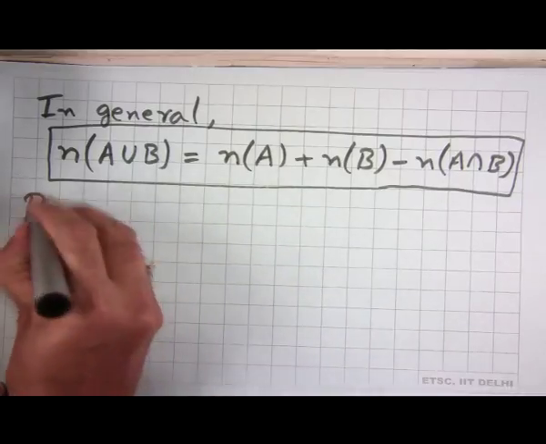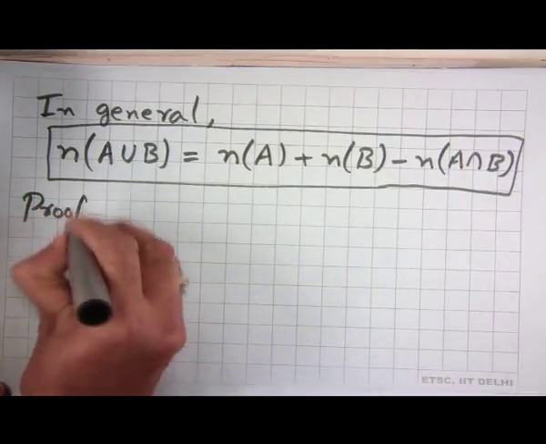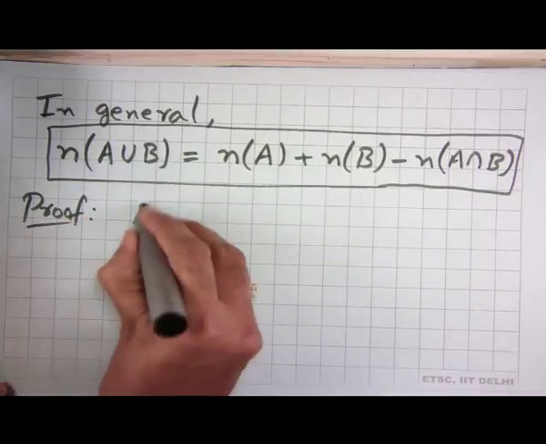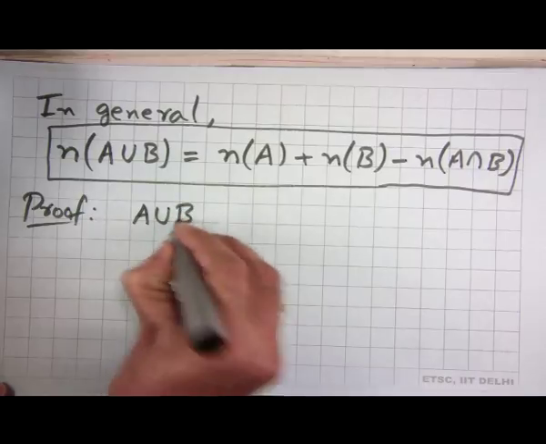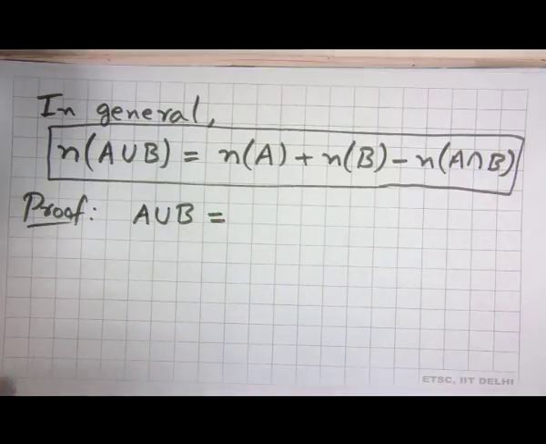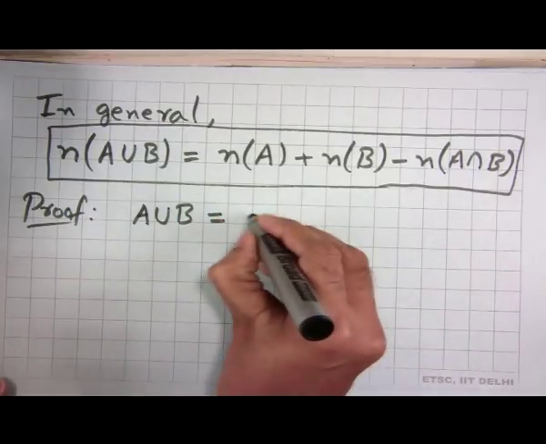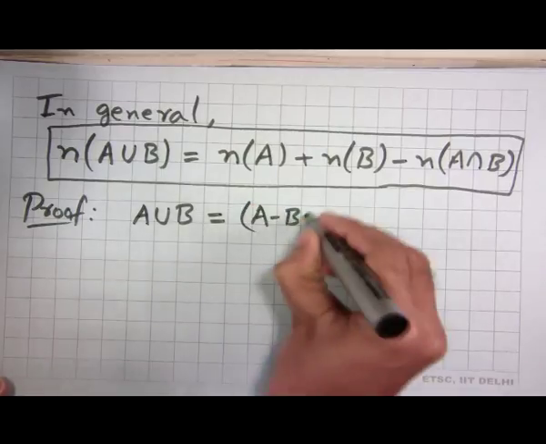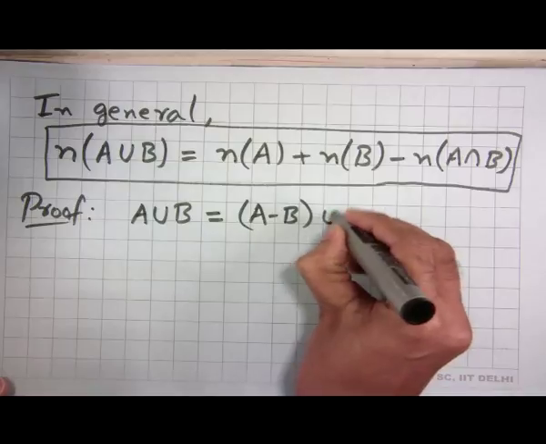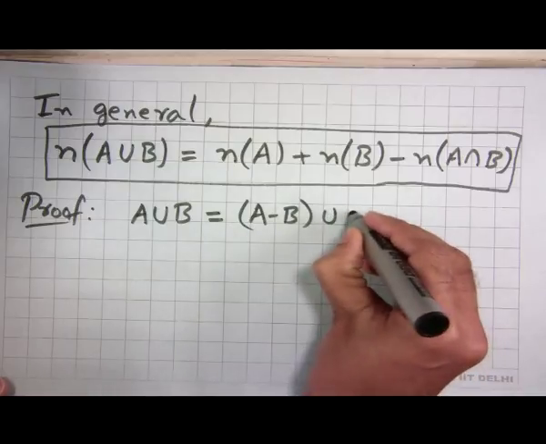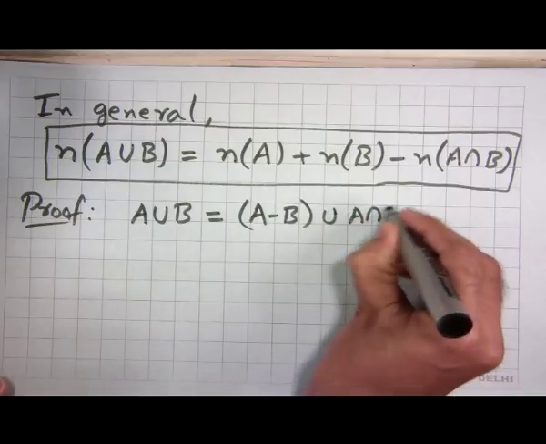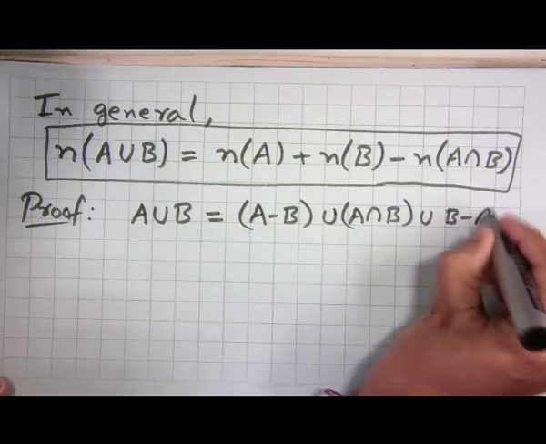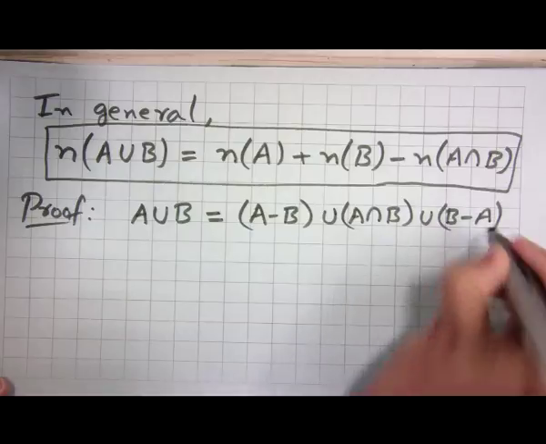So, proof. We can write the union A union B as the disjoint union of A minus B, union with A intersection B, union with B minus A, right.